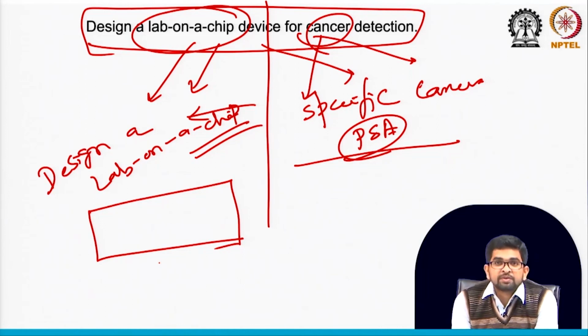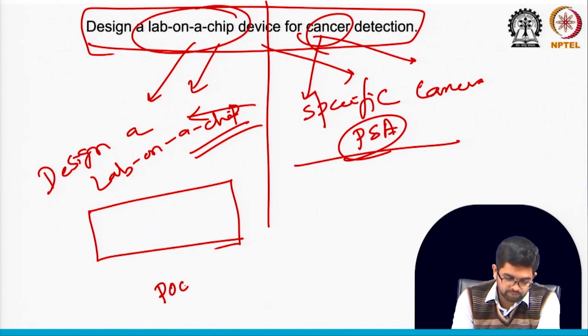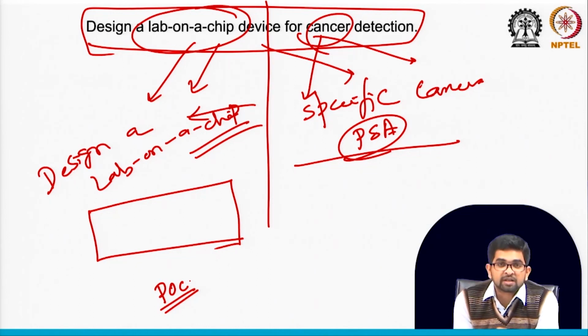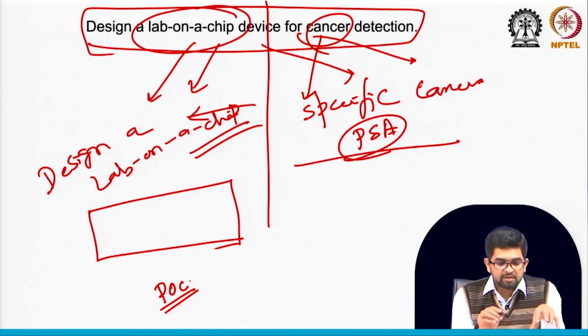On the chip, it should be useful for point of care. That you should definitely keep in mind, because in this course the main concept of design is point of care. So that's why I am teaching you in such a way.